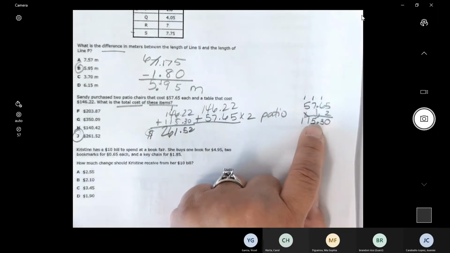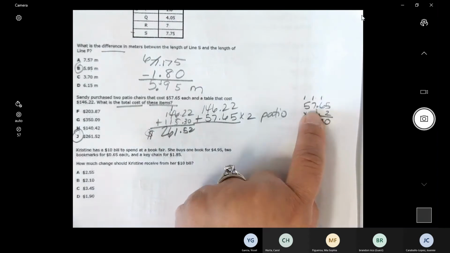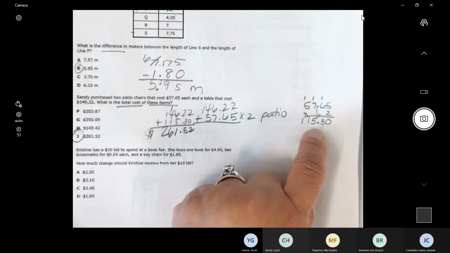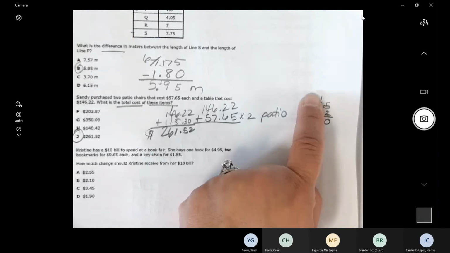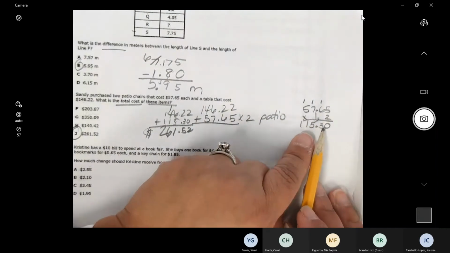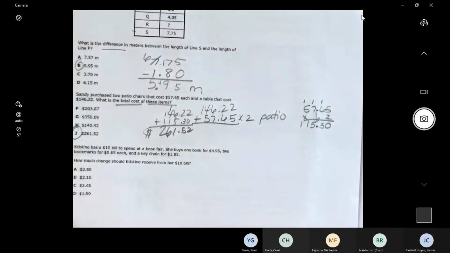Do you see that? Yeah. So you have to keep your decimal point. The only reason is because if I'm multiplying $57.65 times 2, I have to have a decimal point exactly where it is. So this is my hundredths place, this is my tenths place, my decimal, ones, tenths, and hundredths.